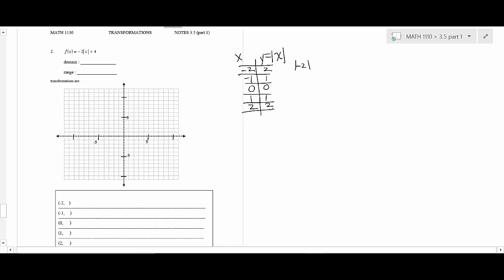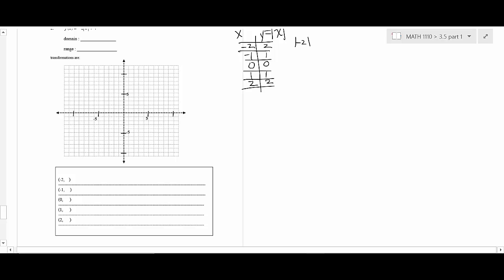I've already got these basic numbers here, so just fill out these numbers. That would be a 2, a 1, a 0, a 1, and a 2. Those are the elementary points. So plot that first list of points that's in my table of values. I want to get that done.